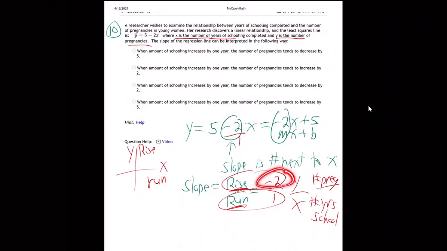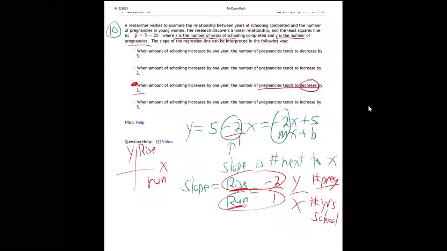That means down 2 pregnancies for every year of schooling. It's right here. Pregnancies decrease by 2. There it is. Does that make sense? Pregnancies down 2, decrease, negative. It's negative, so it's decreasing.